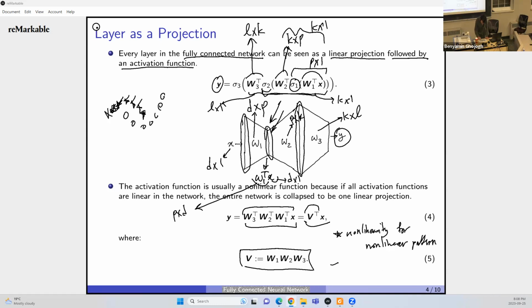Also, removing the activation function is equivalent to assuming that the activation function is a linear function. If you assume your activation function is a linear function, what do I mean by it?